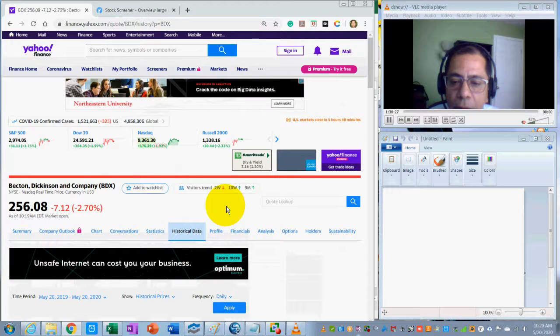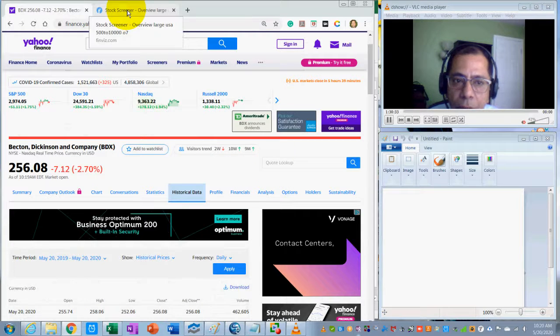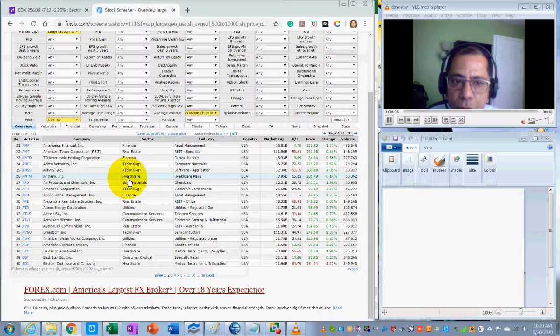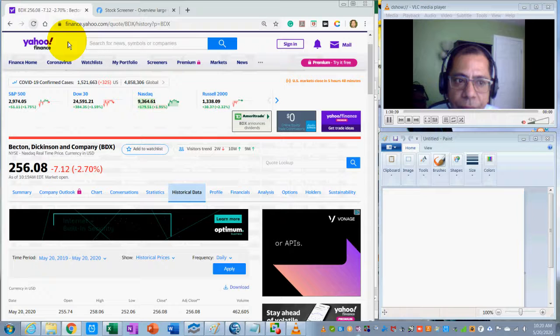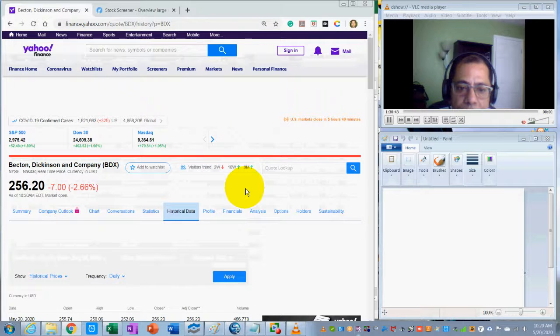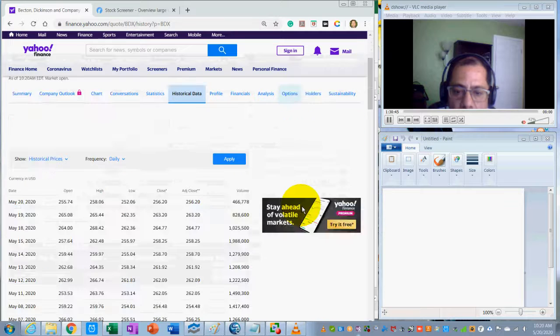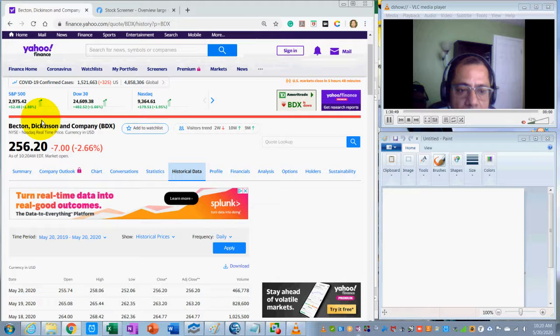Just a second. It got stuck for whatever reason. So right now, as I said, if I go to the stock screener, and hold on, let me see if I can refresh this first for me to explain. I'll look into charts.